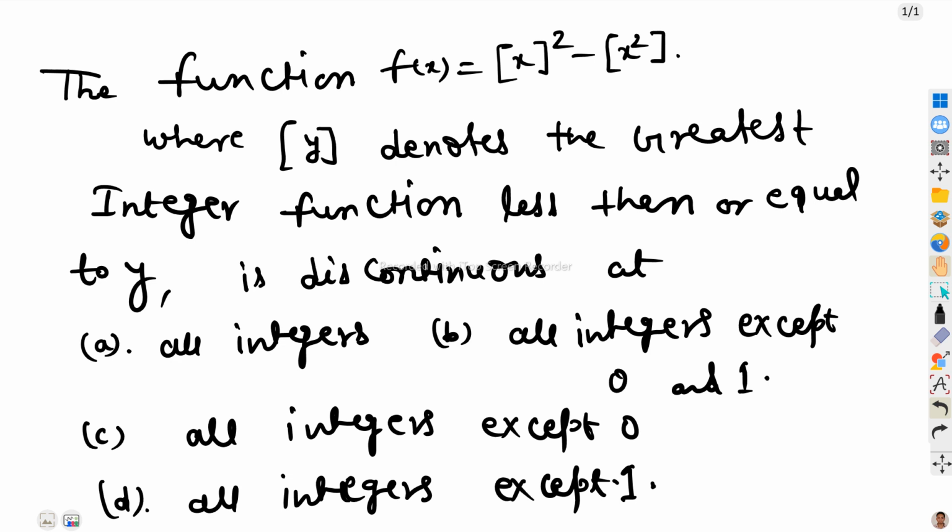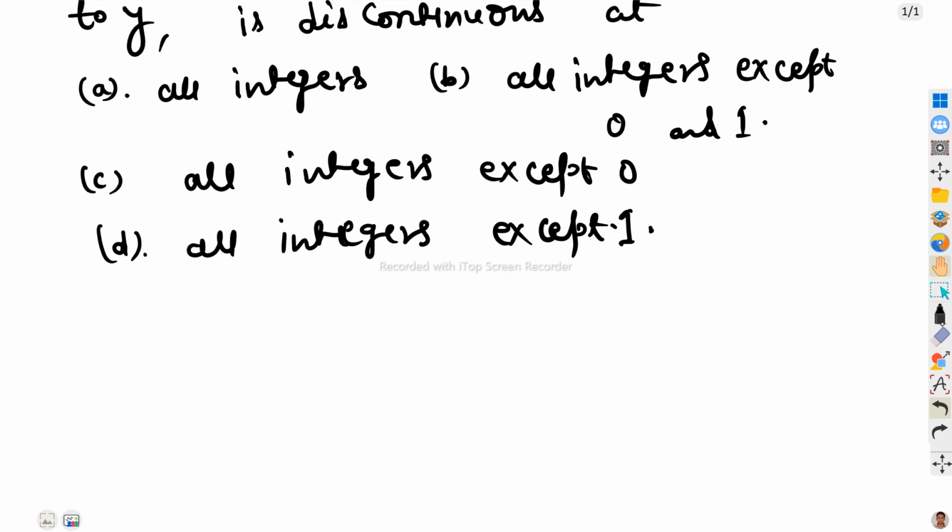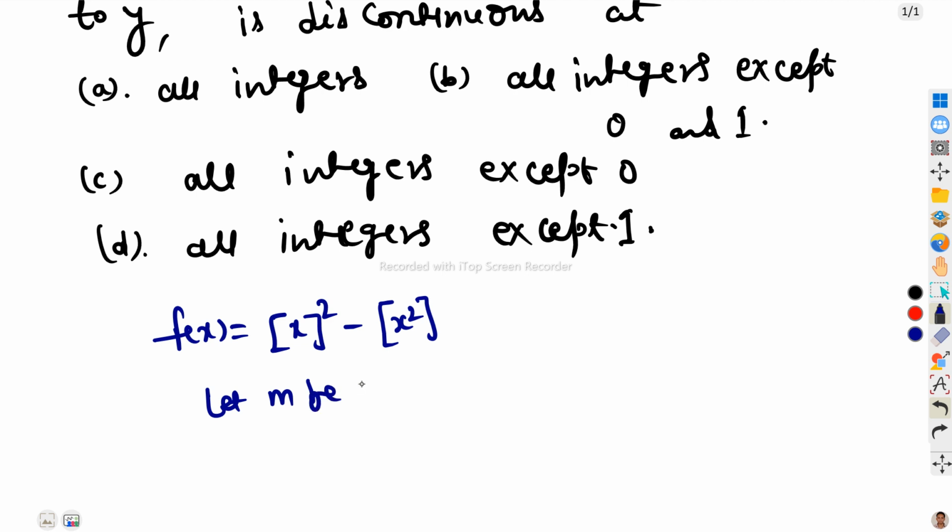So first of all, we are going to check the value of the function at integer points. Let us consider the function f(x) equals bracket of x square minus x square bracket. Let m be any integer.